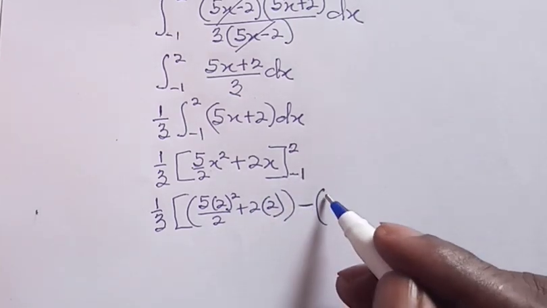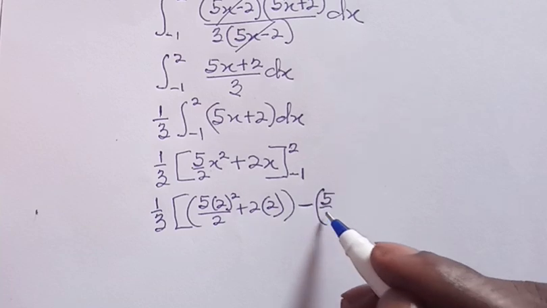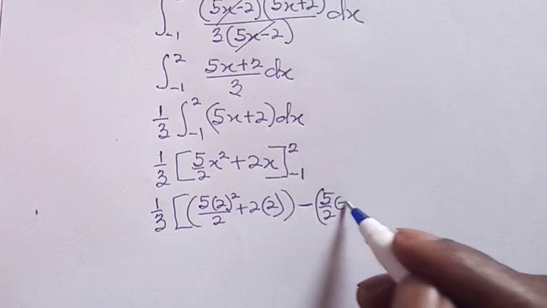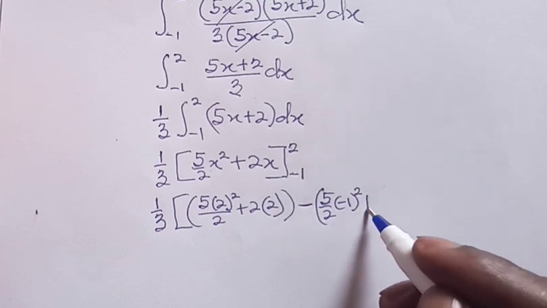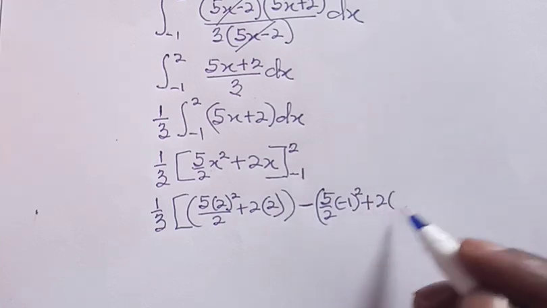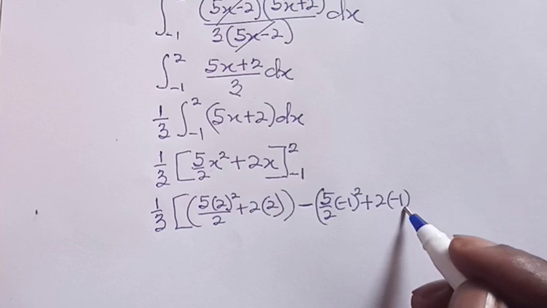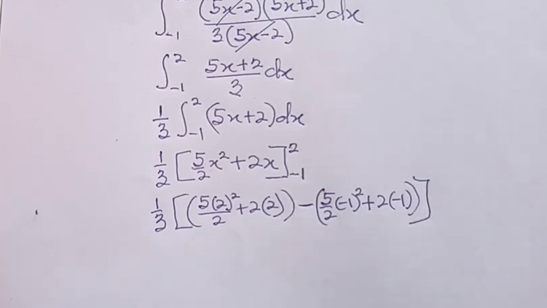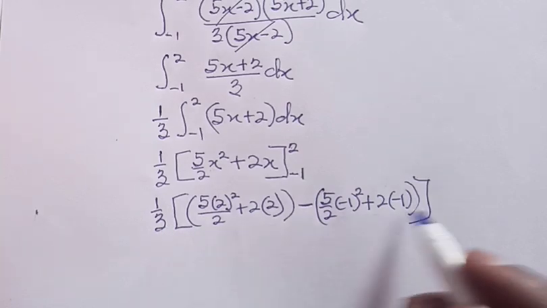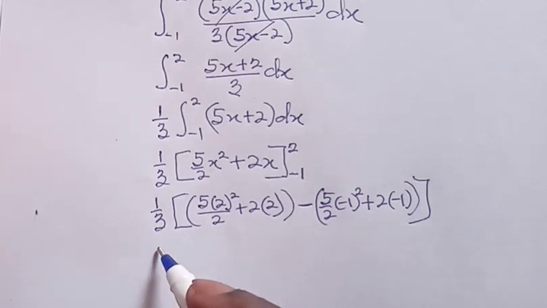So we also have 5 on 2, then -1 squared, plus 2 times -1. Good. So let's do this simplification.